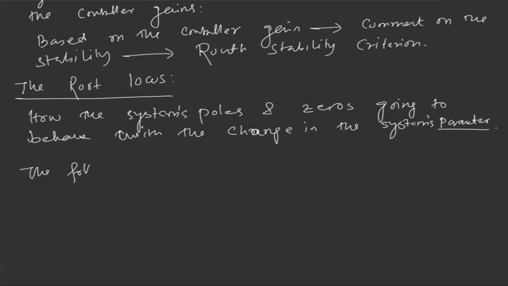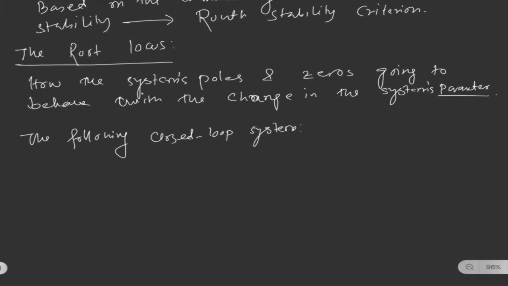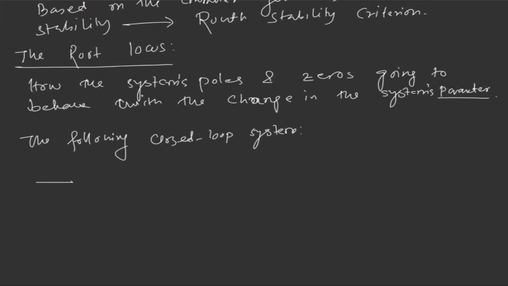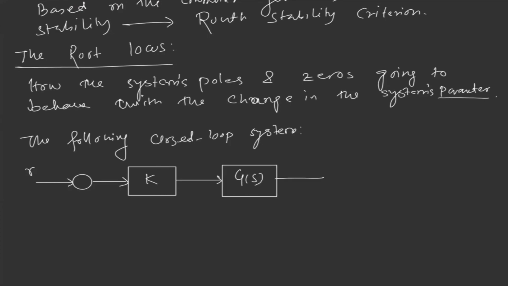We have the reference signal R, the controller gain K, and the plant, let's assume, G(s). We have the output Y, and this is the error, this is the feedback from the output terminal, this is negative, this is positive.